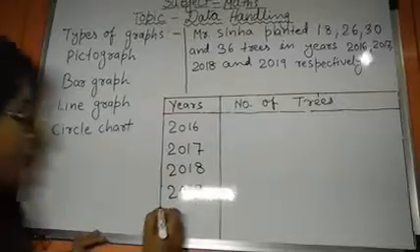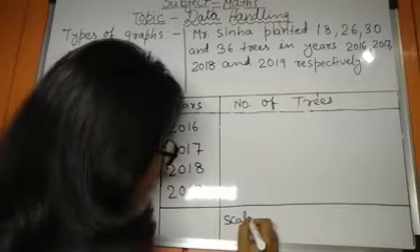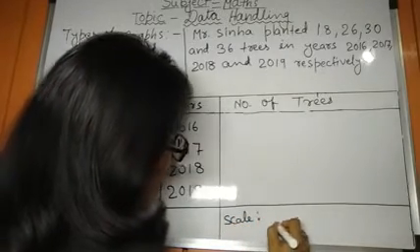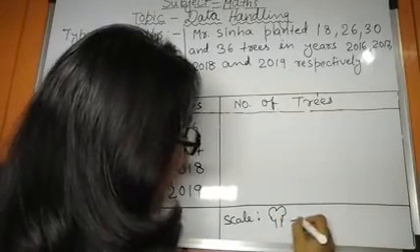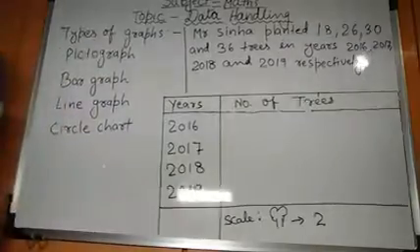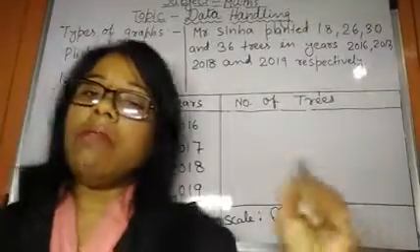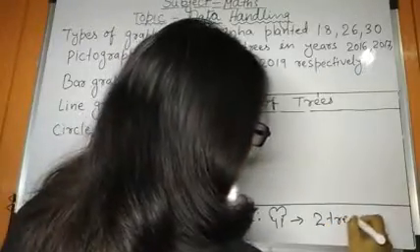So we will make a scale here. What will be the scale? In the scale it will show that one tree is equal to 2. If I make one tree, it means it is showing 2 trees.